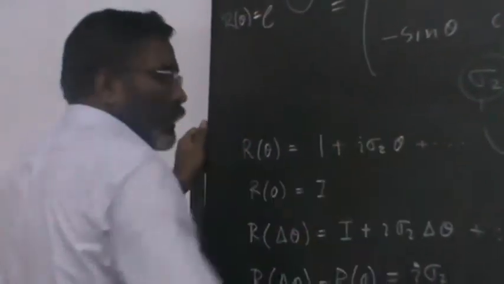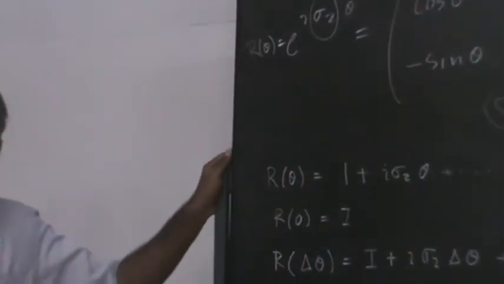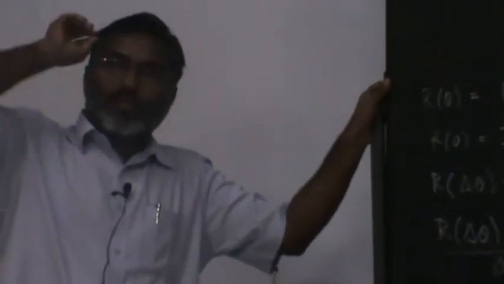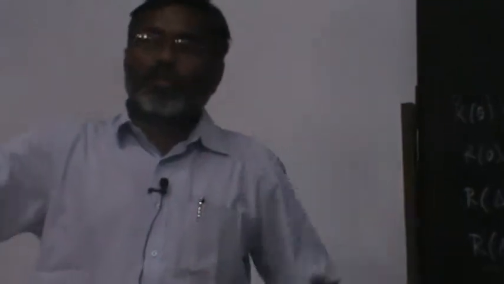As far as rotations on a plane are concerned, there is only one generator because theta is one parameter. But if you consider three-dimensional rotations, instead of SO(2), there we require three generators and three angles. Euler angles are the three angular degrees of freedom.